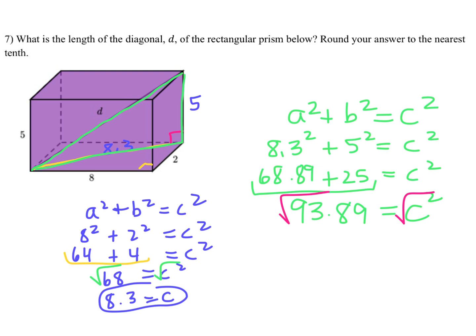And that gives me about 9.6, 9.7 if I round it. Okay, so that diagonal is 9.7. Okay. So that was tricky because there's two right triangles embedded in there and you have to kind of pull them out.